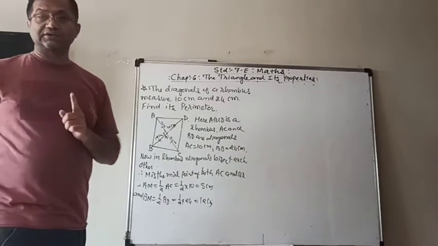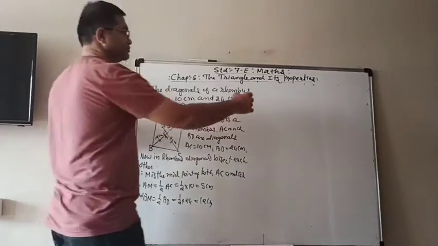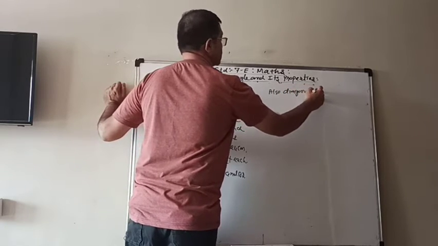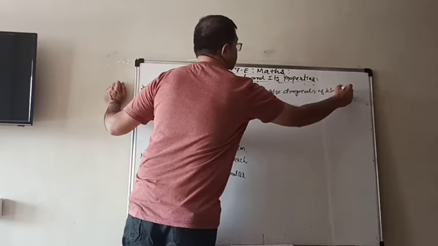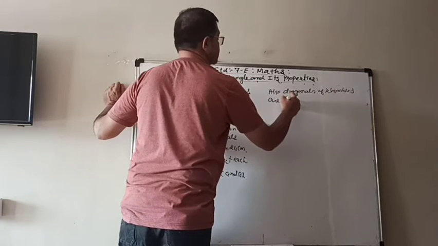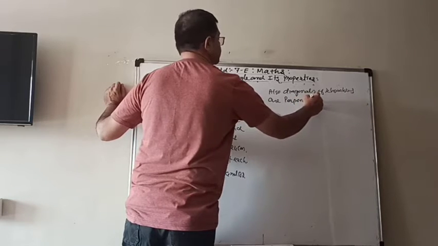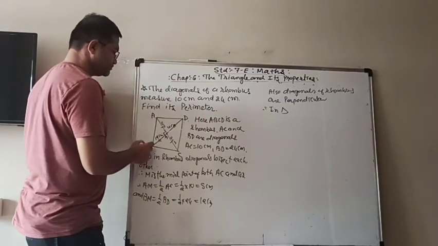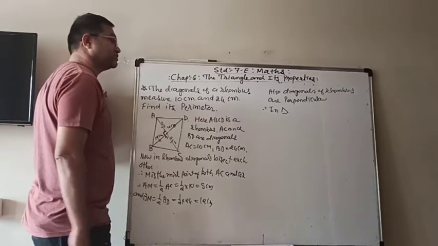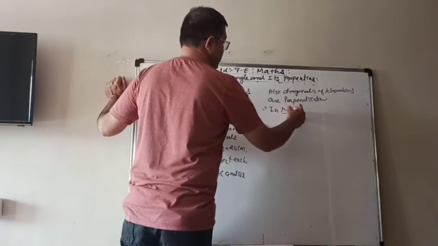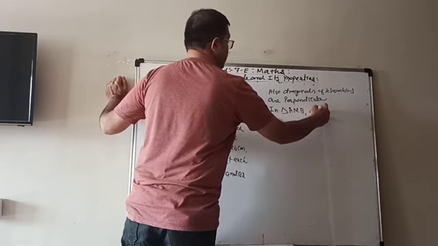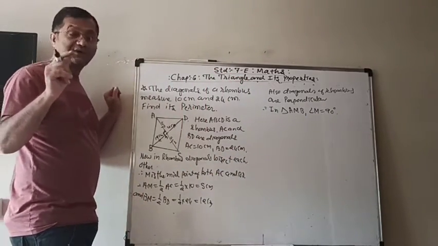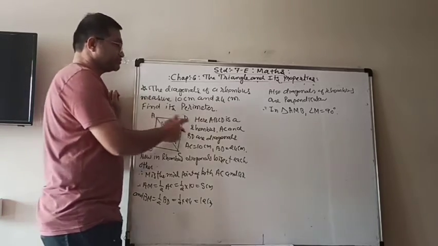Now also we know that they bisect at right angle. Also diagonals of rhombus are perpendicular. Therefore, in triangle AMB, you can see that it's forming a right angle. In triangle AMB, angle M is 90 degree. So we can use the Pythagoras property to find this hypotenuse.